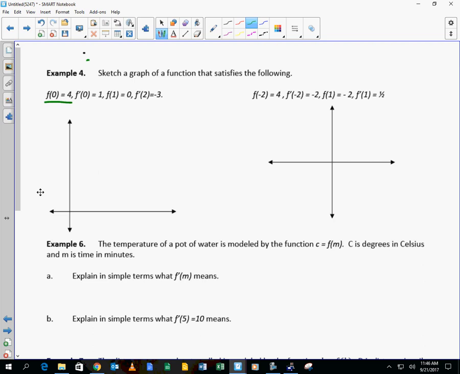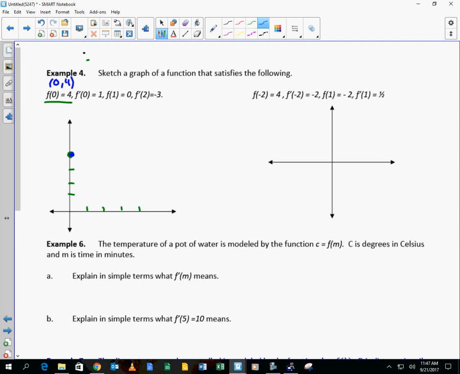That means it passes through the coordinate. We'll get to that. So right now, the condition that we have been told is that this function passes through 0, 4. That's what that means.